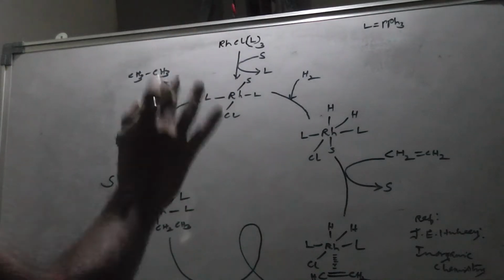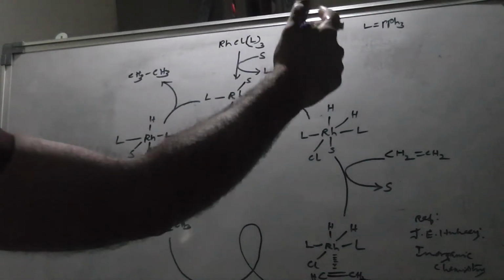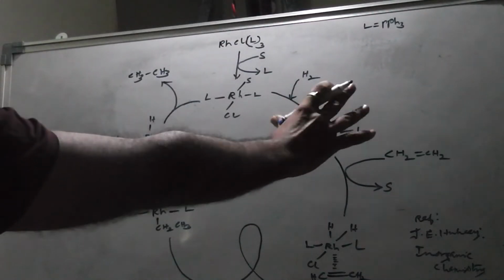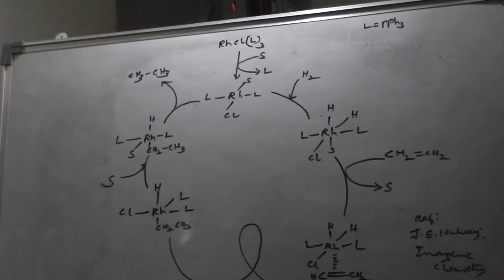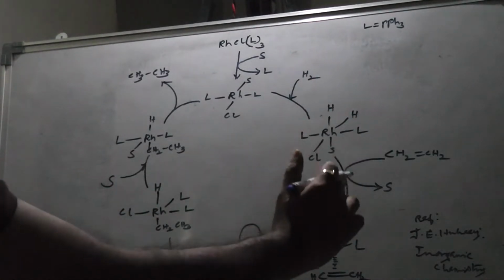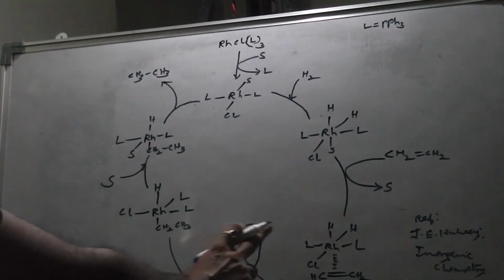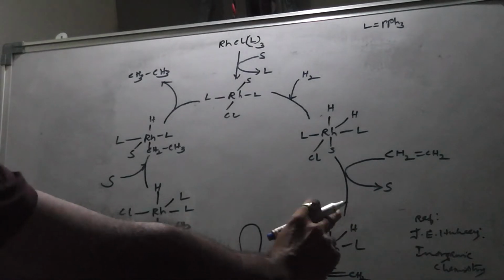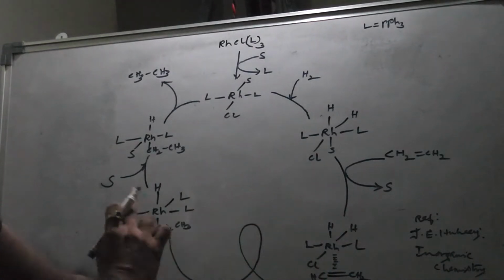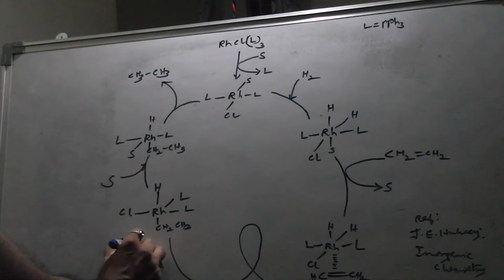The solvent molecule replaces the ligand triphenylphosphine, and then hydrogen enters. So we have a complex where rhodium is attached to hydrogen. And then the solvent molecule will be replaced by the incoming alkene. We have an eta 2 complex. Then hydrogen migration. One of the hydrogens is getting migrated from here to here, so that there is a formation of an eta 1 complex.